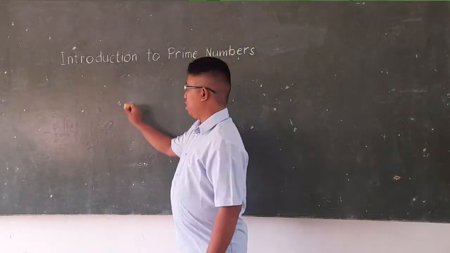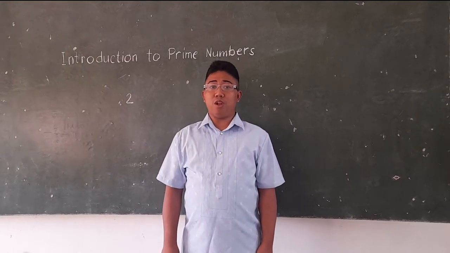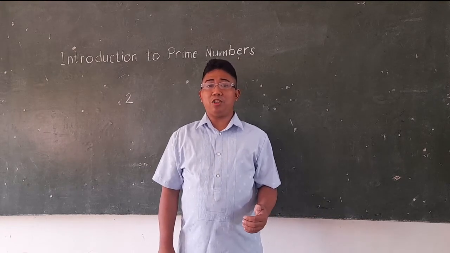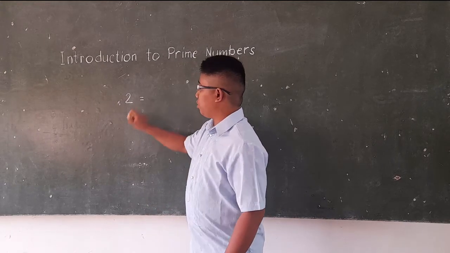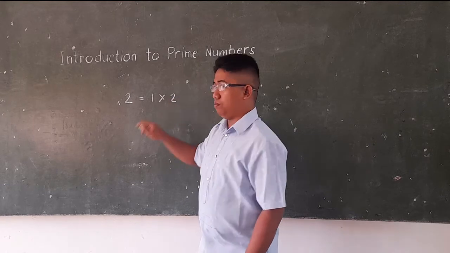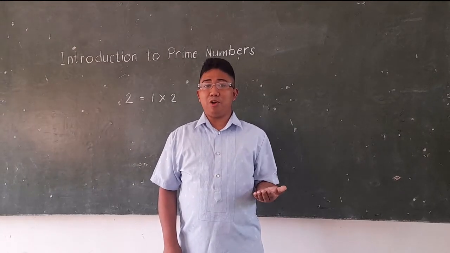For example, the number 2 is one of the examples of a prime number. The given prime number 2 is expressed in factor form as 1 times 2. Is there any other factor of the given number 2?